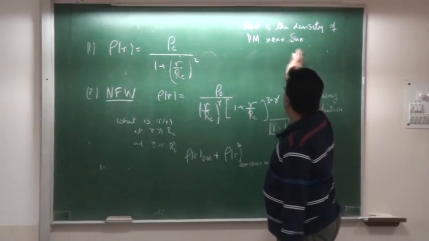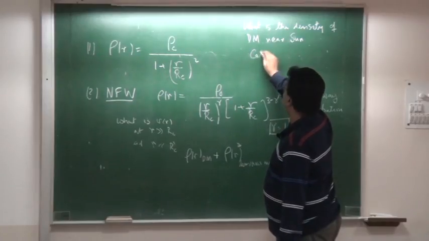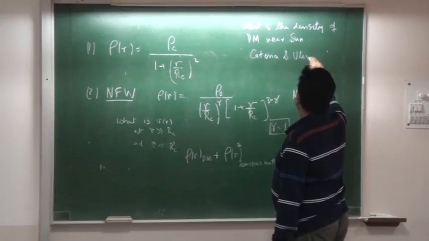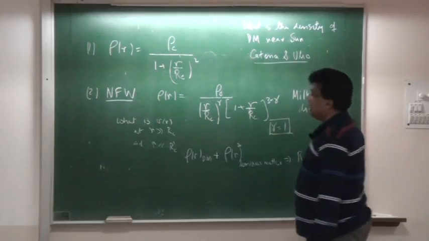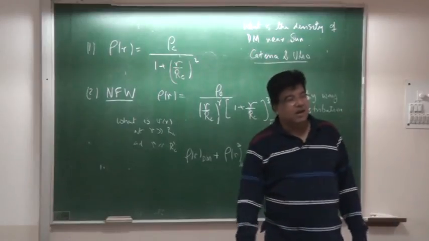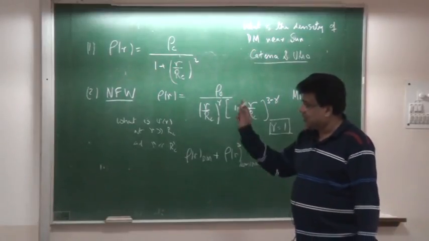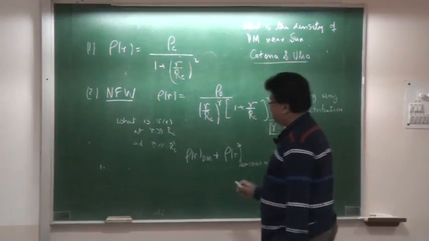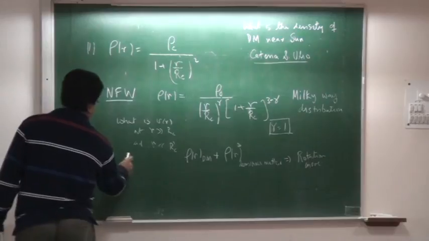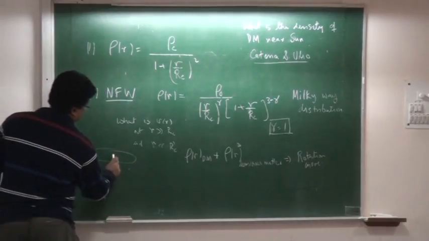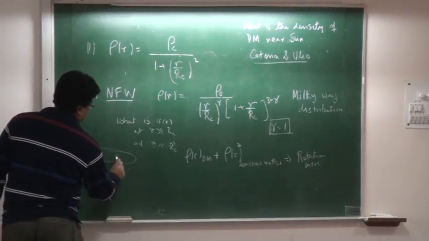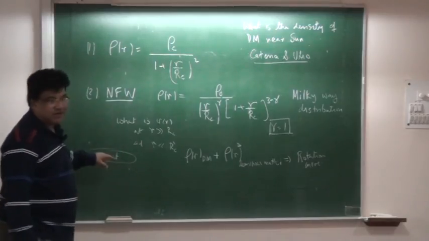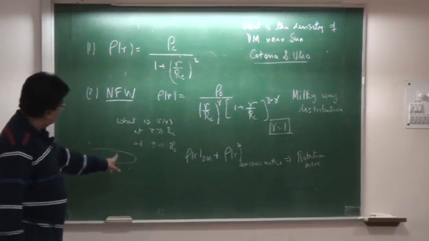So this was worked out in a paper by Catena and Ullio. You can check this out; if you type this in Google, this paper will come up. They fitted the rotation curve. They also took this, so this is the disk and the sun is here. The stars in the disk also have oscillatory motion in the vertical direction.